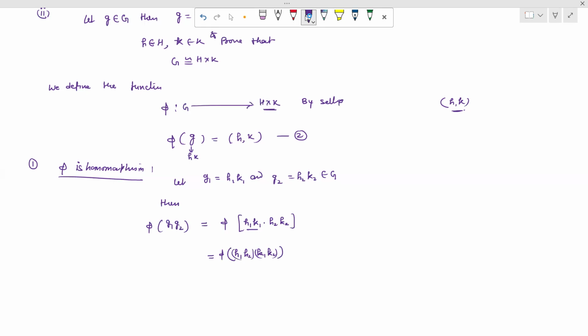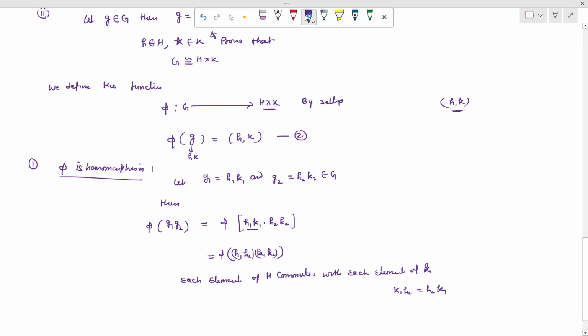So each element of H commutes with each element of K. So we can say that K1 into H2 can be written as H2 into K1.